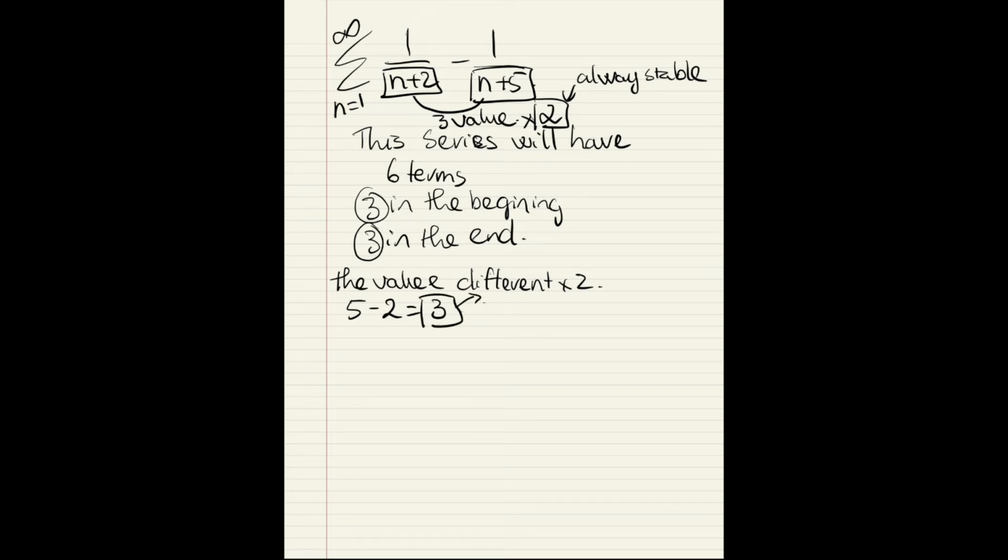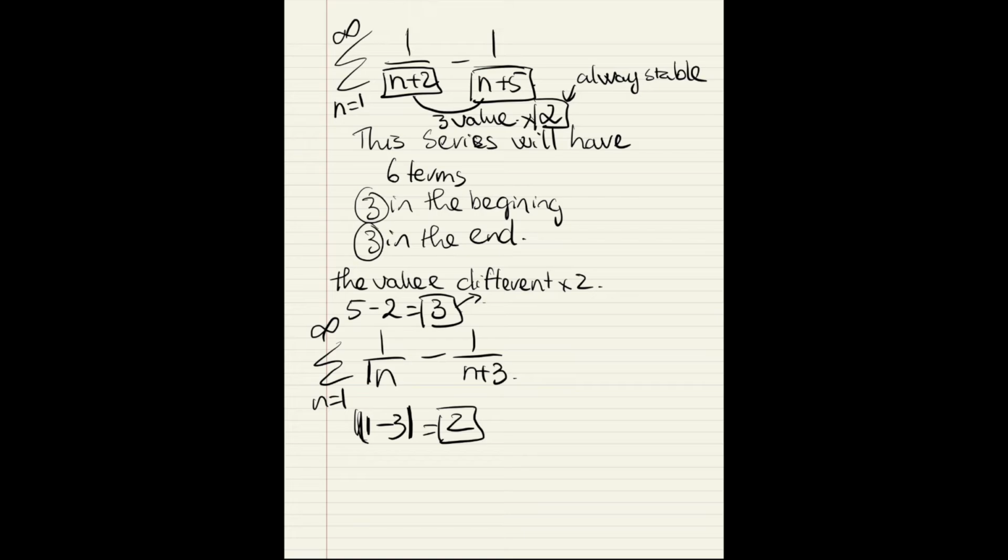For example, the series from n equals 1 to infinity of 1 over n minus 1 over n plus 3. Then we have the absolute value of 1 minus 3, which equals 2.